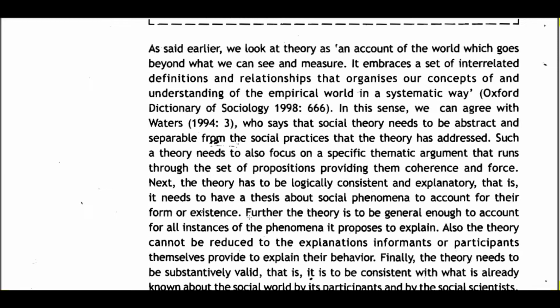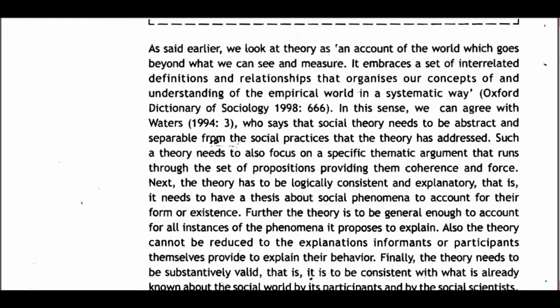That is, it needs to have a thesis about social phenomena to account for their form of existence. Further, the theory has to be general enough to account for all instances of phenomena it proposes to explain. Also, the theory cannot be reduced to the explanations informants or participants themselves provide to explain their behavior.